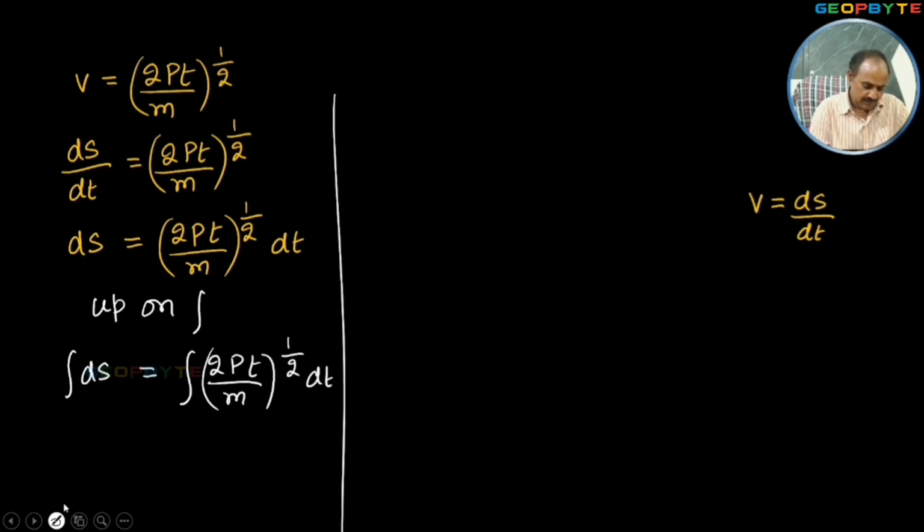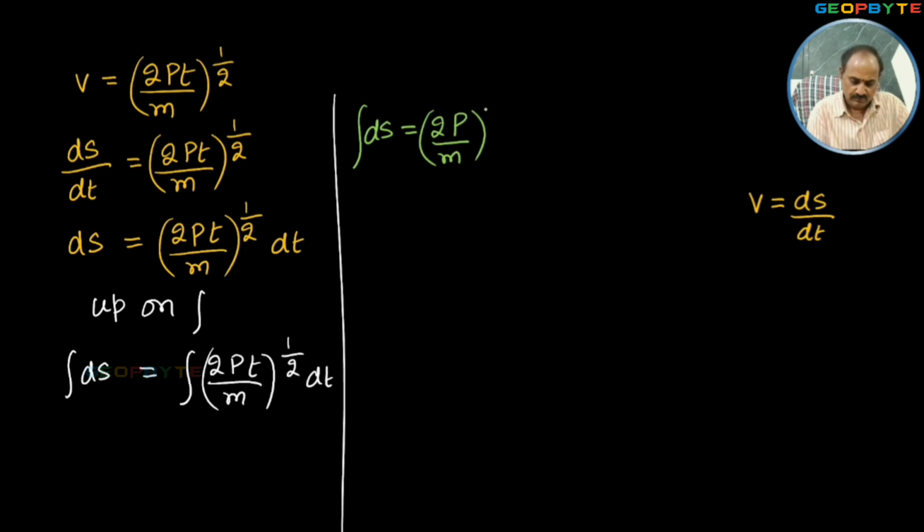That can also be written as integral ds equal to (2P by m) whole power 1 by 2, with P power 1 by 2 outside, dt.